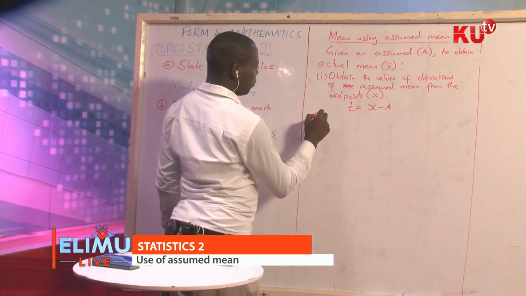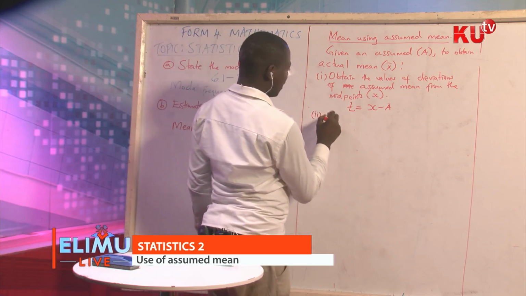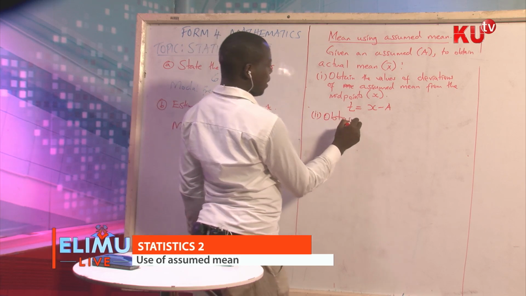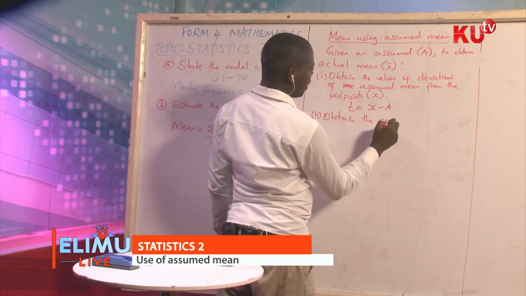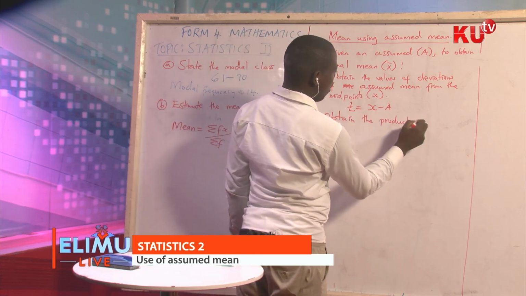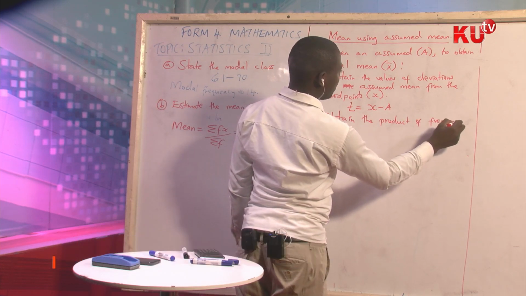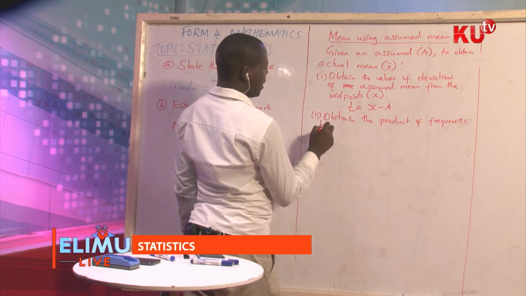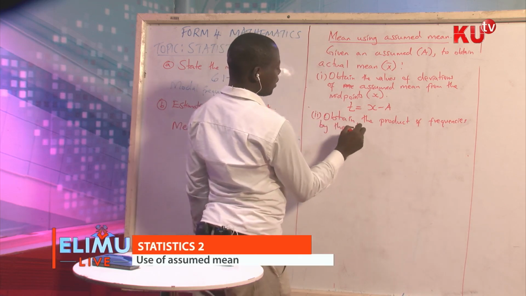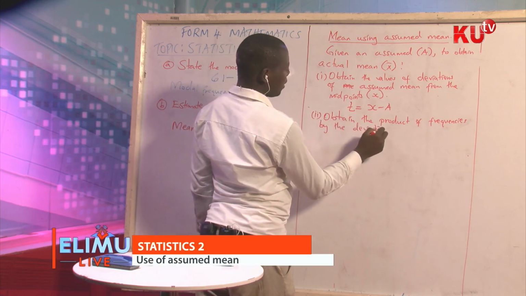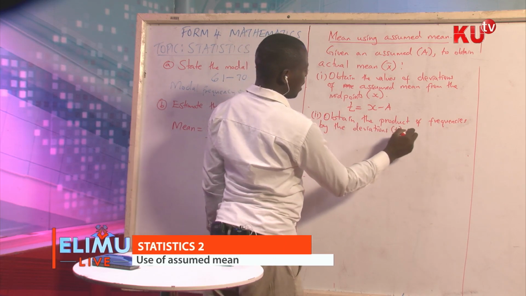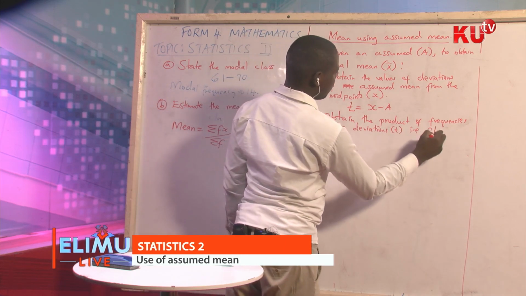And number 2, we now obtain the product of frequencies by the deviations, T, i.e. Ft.